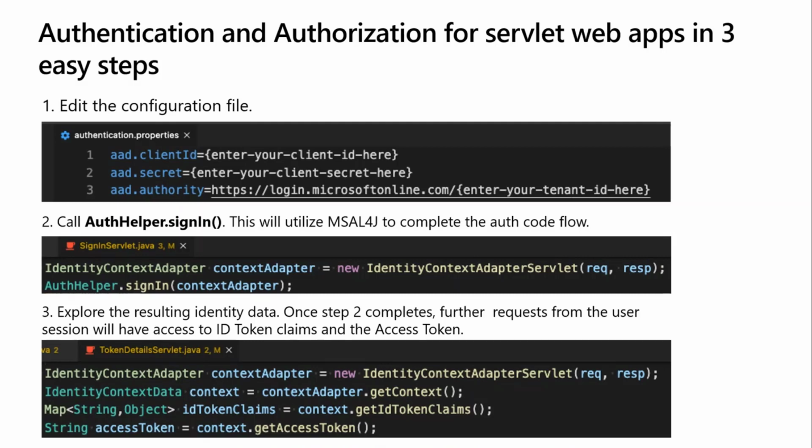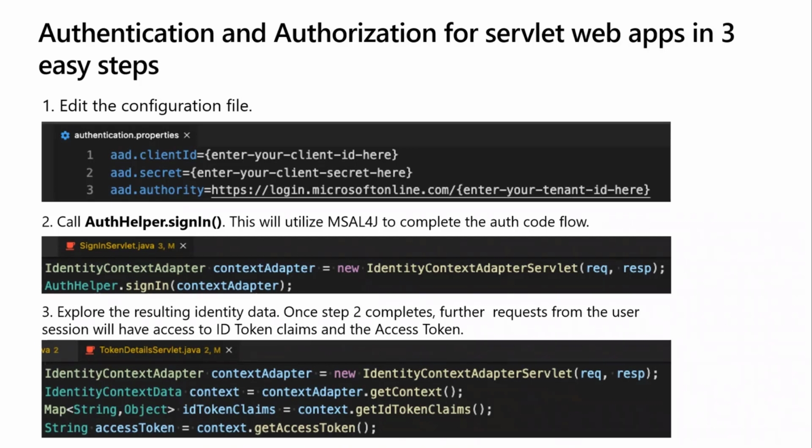That's going to utilize the Microsoft Authentication Library for Java to complete the auth code flow. It's going to redirect the user to Azure AD's login endpoint, and the user will enter their details. Then their browser will be redirected to the redirect endpoint on your servlet web app with an authentication code.